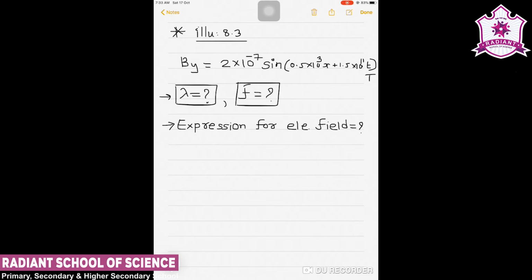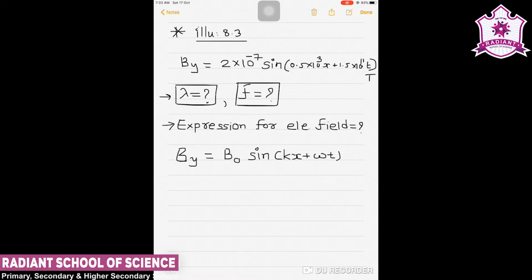Now first of all we will compare this equation, whether it is for E or for B. It belongs to y, that means the y component is there, it is in the y axis. We compare it with B0 sine (kx plus omega t).